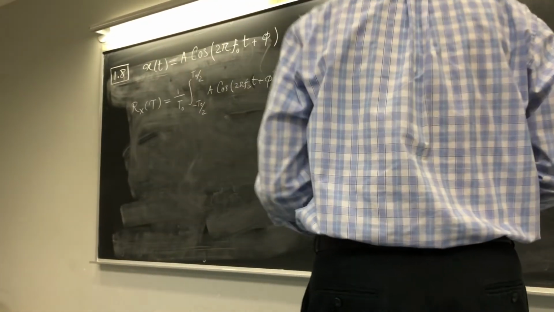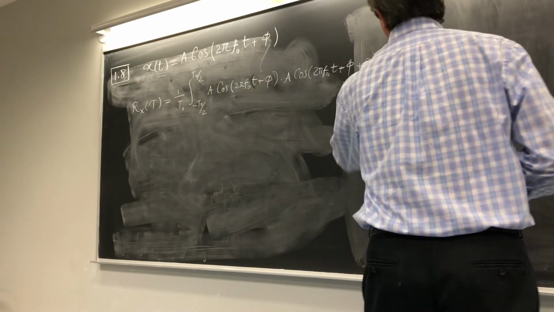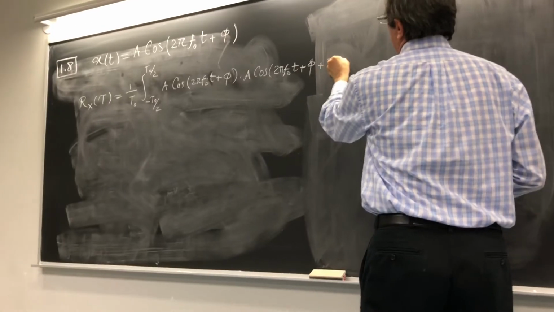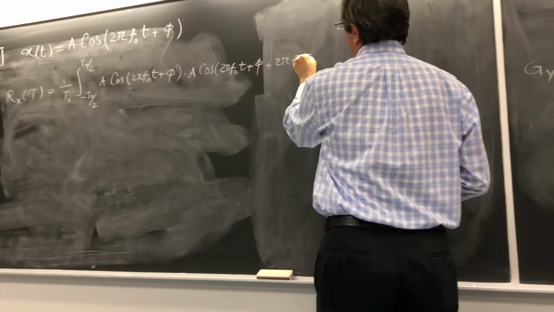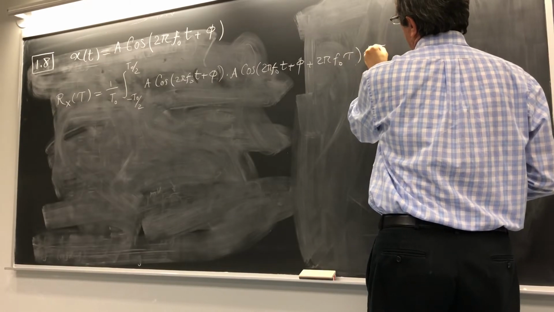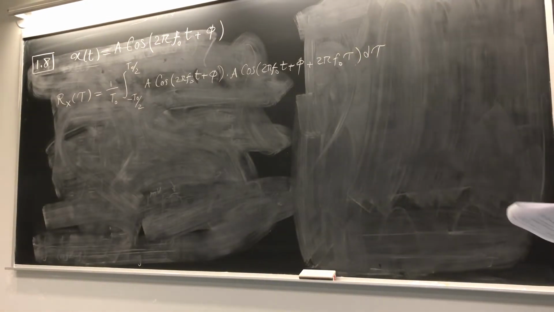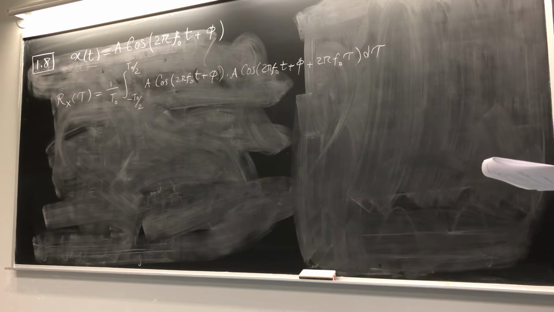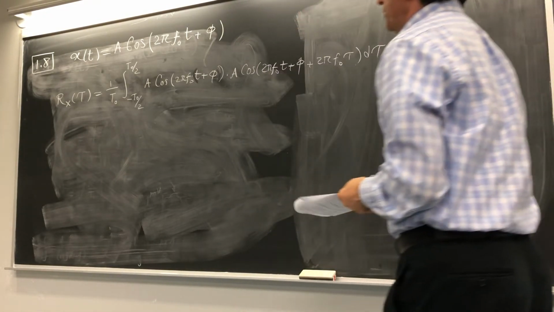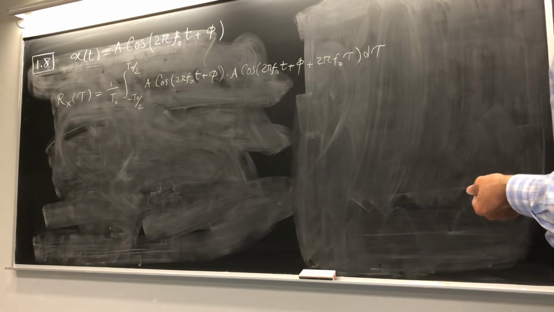Yes, you're right. 2 pi f naught tau. The variable t is now shifted by some amount, which is named tau.